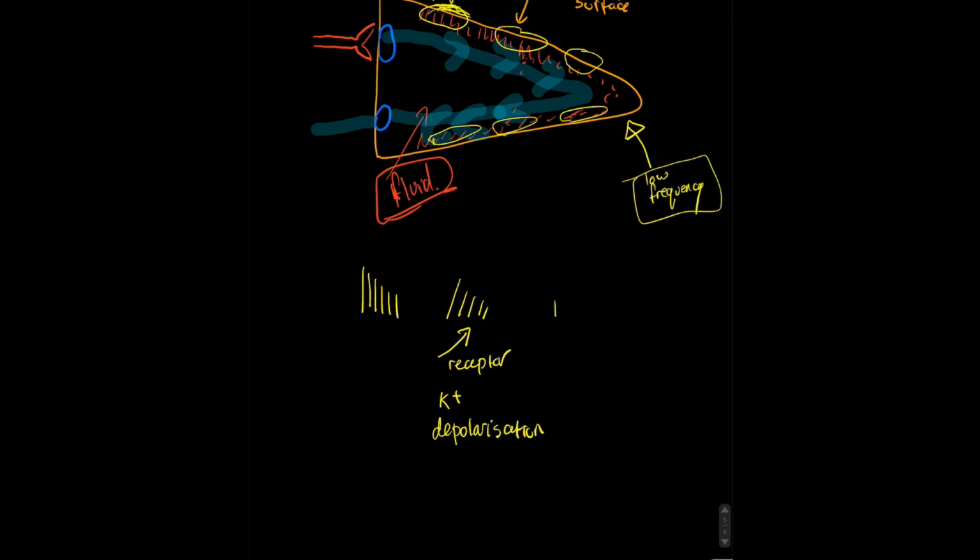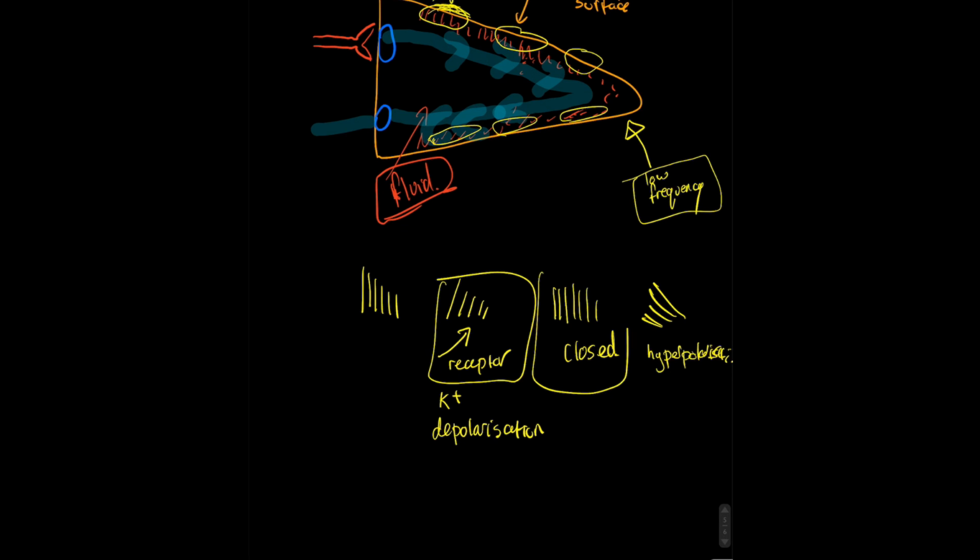If the hairs stand like this, we're going to have closed, and it's going to be okay. But if the hairs go this way, we're going to have hyperpolarization as well. So that's why you have this ability for different directions of the hairs to make big differences in the sort of cellular response.